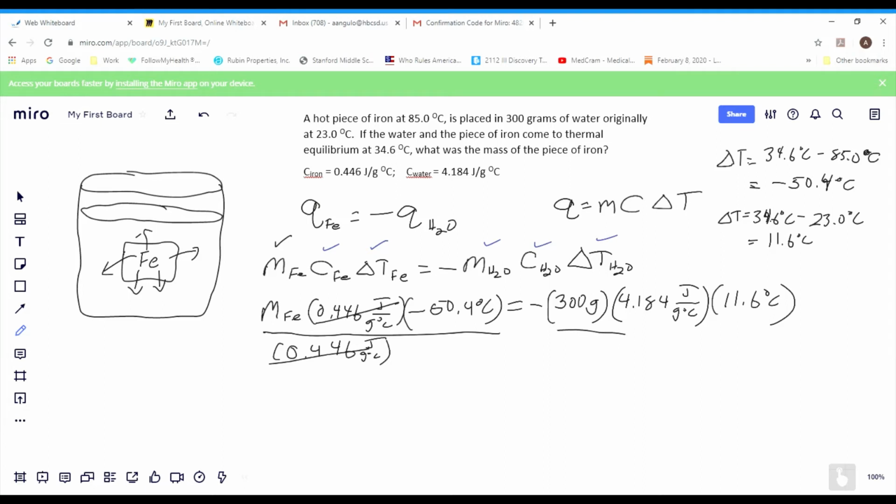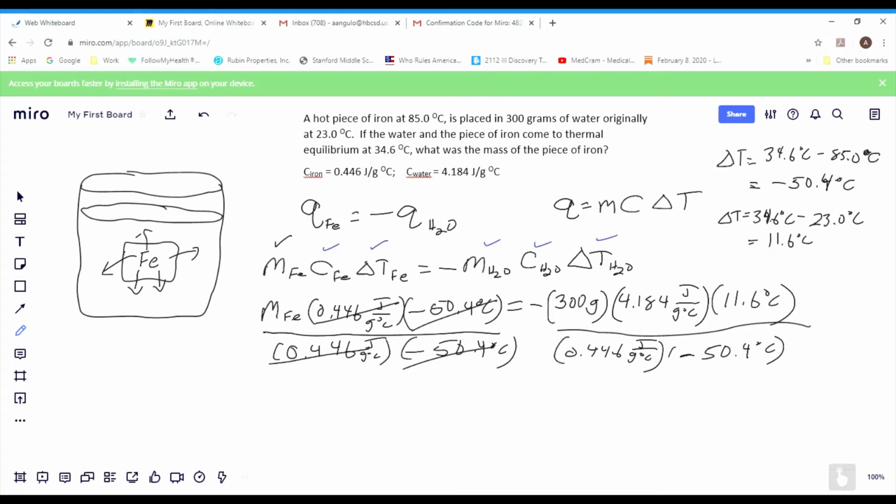And because we divided on the left, we must divide on the right, 0.446 joules per gram degrees Celsius. And then we also have to get rid of the negative 50.4 degrees Celsius so that these cancel. Because we divided on the left, we must divide by that number on the right, negative 50.4 degrees Celsius.